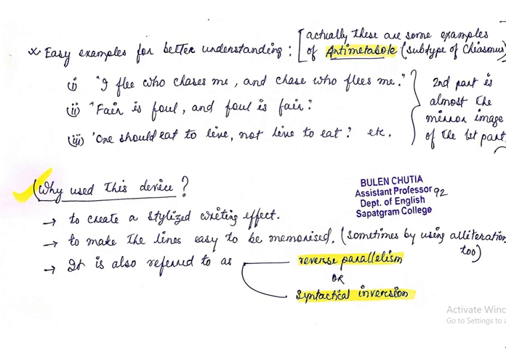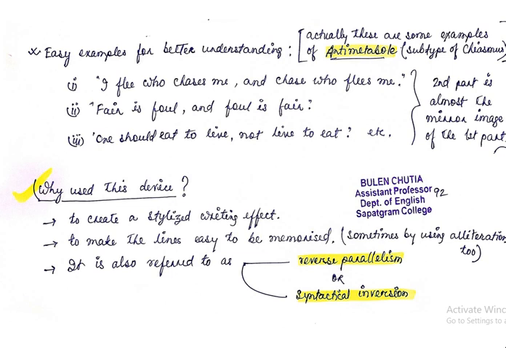Now see why such a device is used in literature. What is the significance of using such a device in a piece of writing? Number one, it may be to create a stylized writing effect. Number two, it may make the lines easy to memorize.